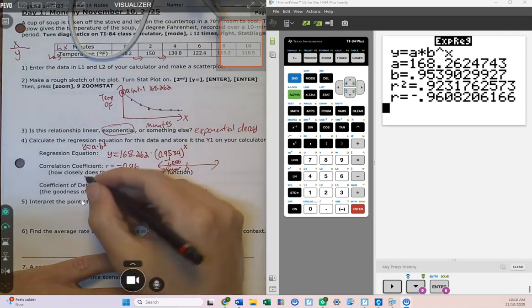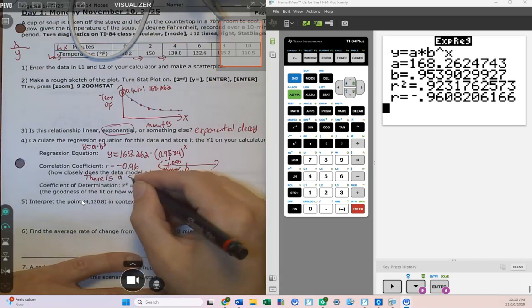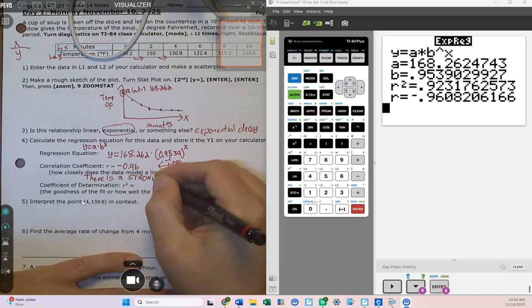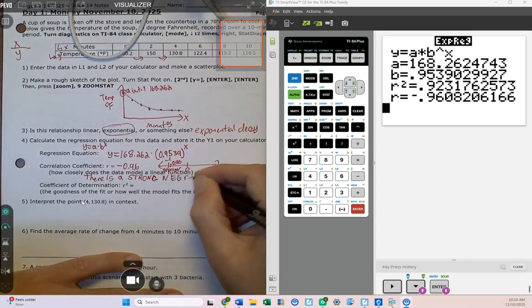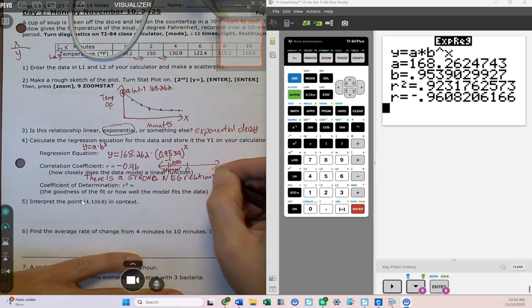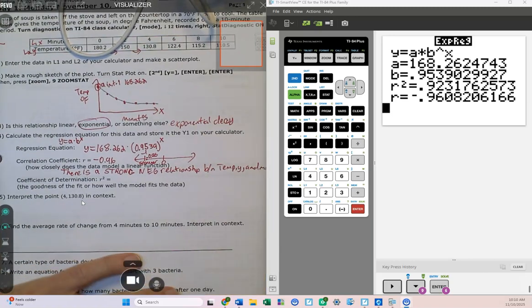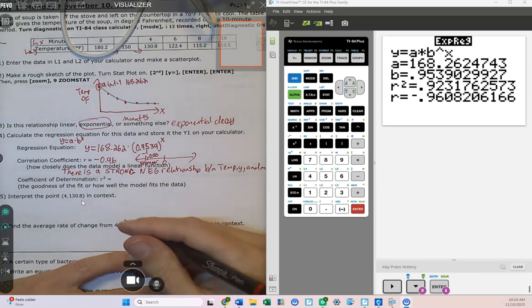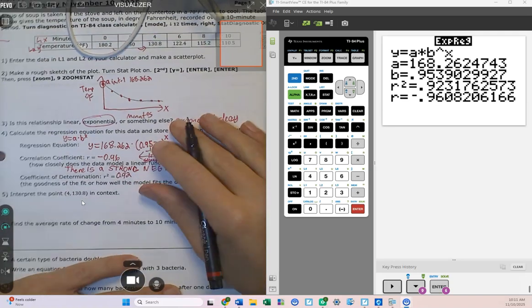So this means that there is a strong negative relationship between temperature Y and minutes. So there's a strong negative. The closer you get to -1, the better it is. R squared, it's the goodness of the fit.